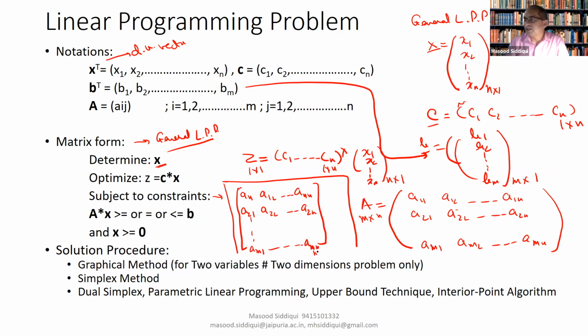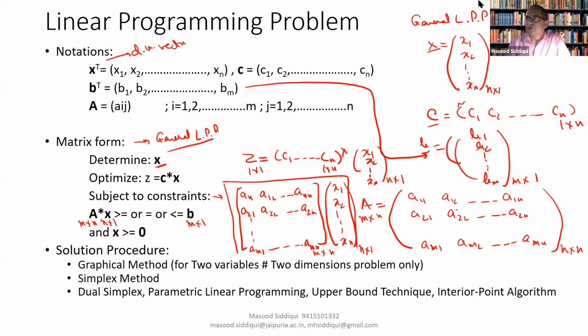So it has the order m cross n. Here we multiply it by the X vector, X1, X2 up to Xn, whose order is n cross 1. When we multiply, the product of m cross n and n cross 1 gives m cross 1, which compares with B of order m cross 1. So it can be written in this manner. This is the way matrix notation can be used.